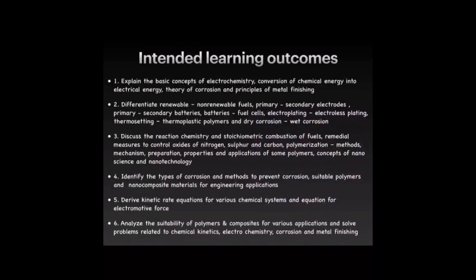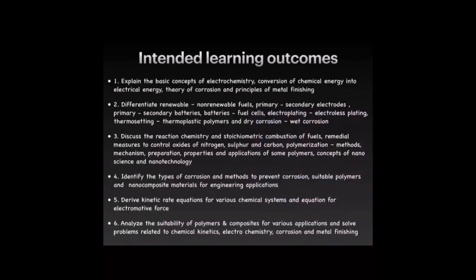You should be able to differentiate renewable and non-renewable fuels, primary and secondary electrodes, primary and secondary batteries, batteries and fuel cells, electroplating, electroless plating, thermosetting, thermoplastic polymers, dry corrosion, and wet corrosion.